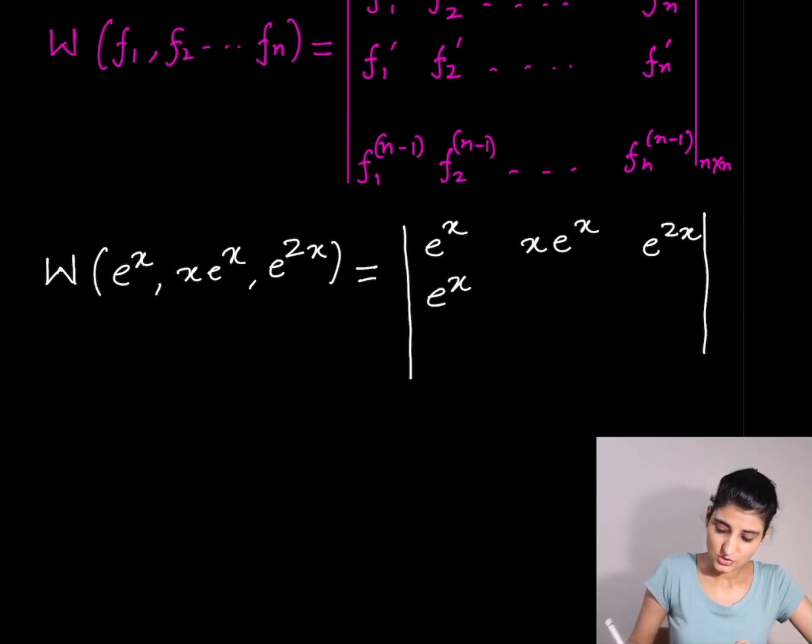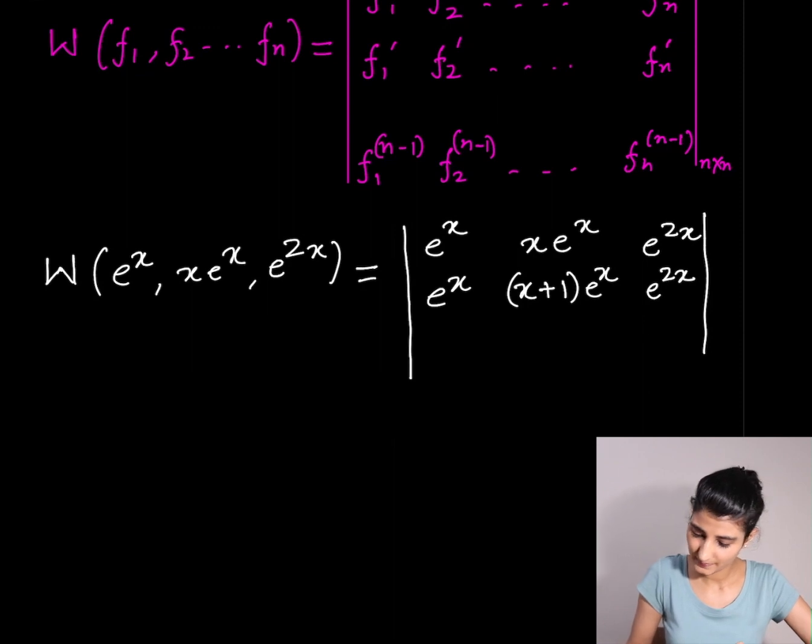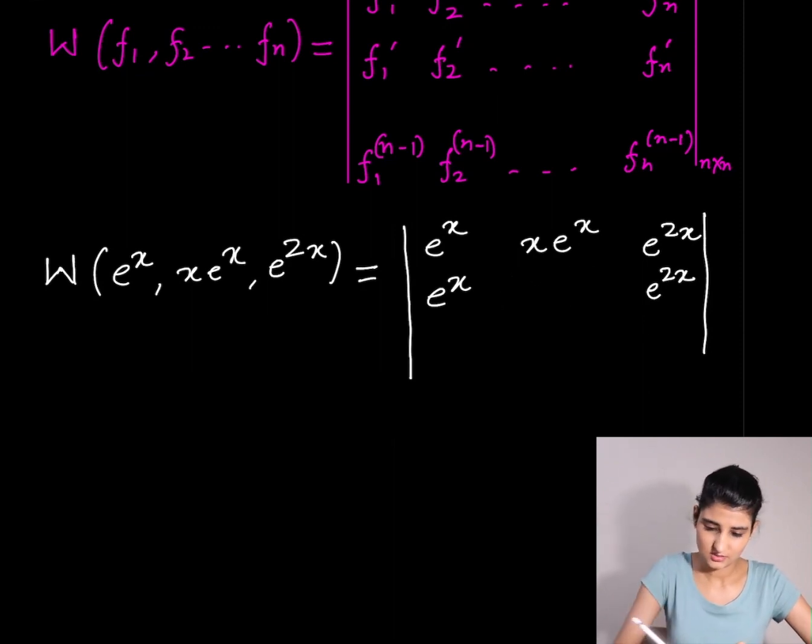In the second row we take the first derivative: e power x, x plus 1 times e power x, 2 times e power 2x. Basically in this step we are using the product rule.